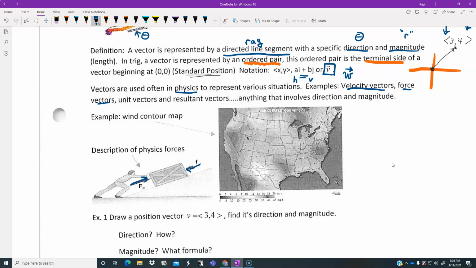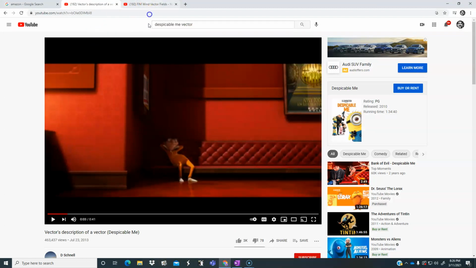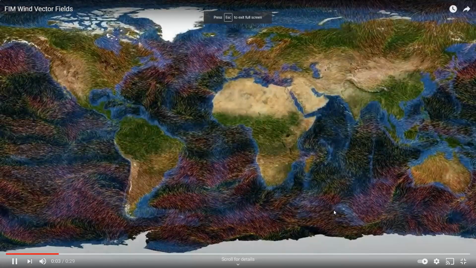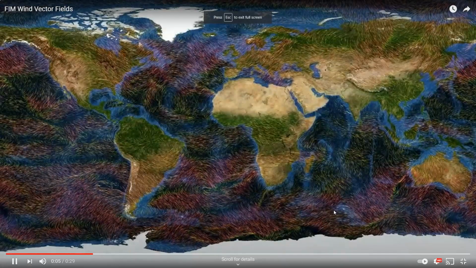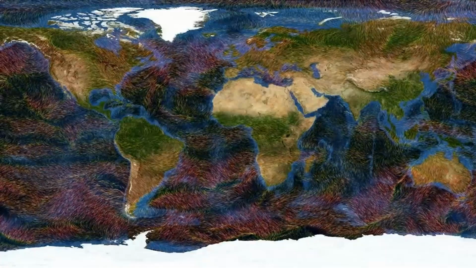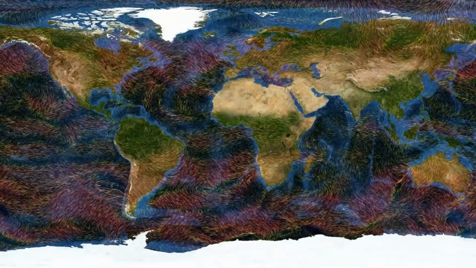Another one could be like unit vectors or resultant vectors, very similar to what you'd see on a contour wind map. Now that picture doesn't do it very good justice. I have another one here that shows you a contour wind field. This right here is a really good representation of wind velocity vectors showing active currents on the actual globe of the Earth.